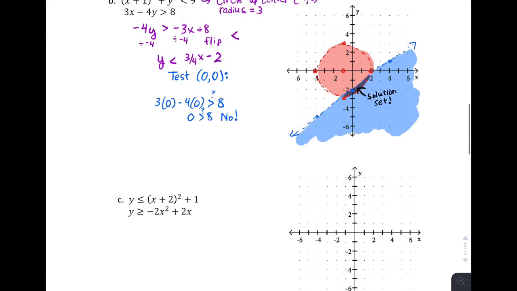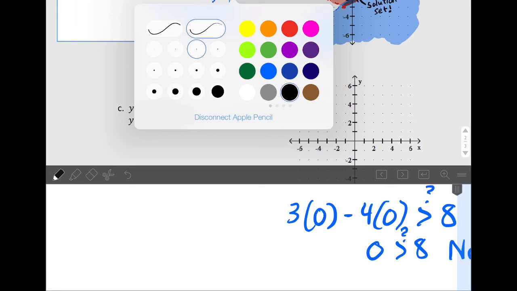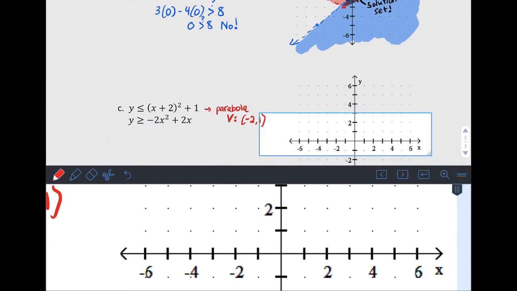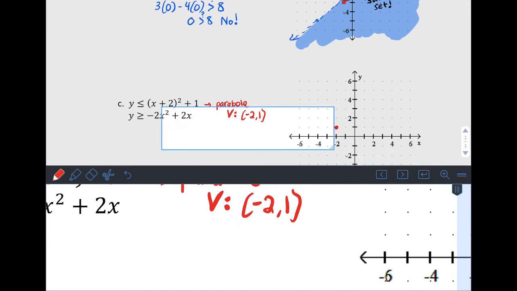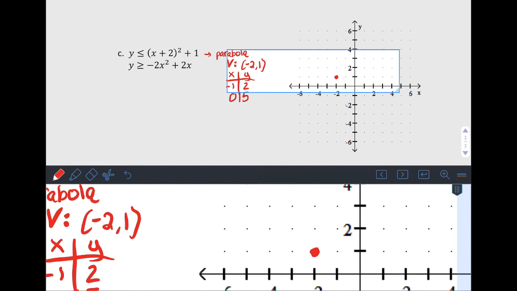This is a good refresher on all of your different types of graphs. Hopefully you remember that this one is going to be two parabolas. The first one is in vertex form, so your vertex is at -2, 1. And then we'll have to get some more points, so maybe plug in -1 and 0 as another couple of good x values to use, which will give you 2 and 5.